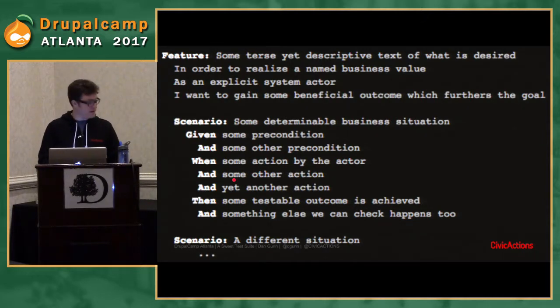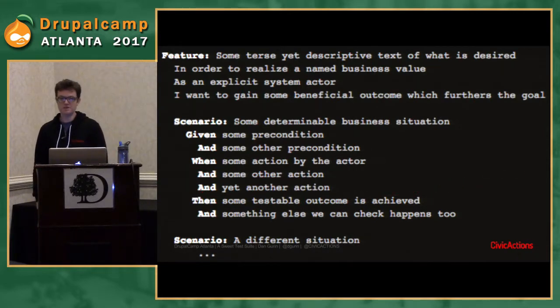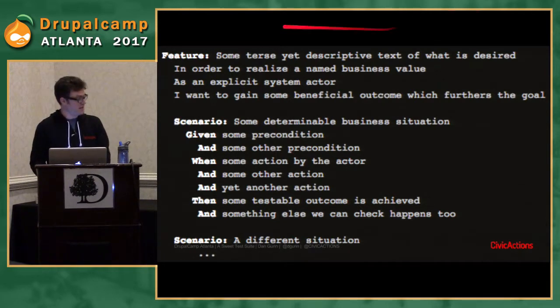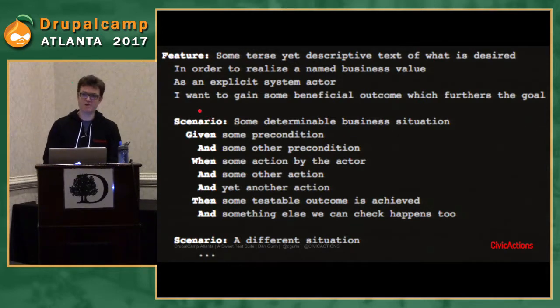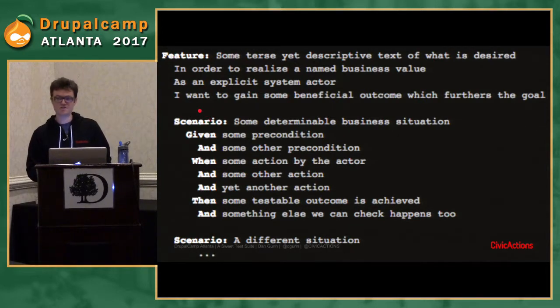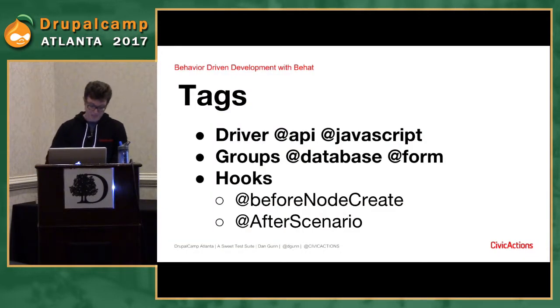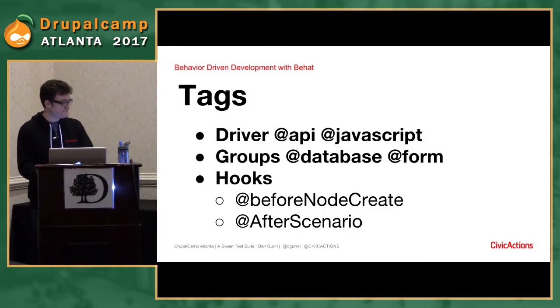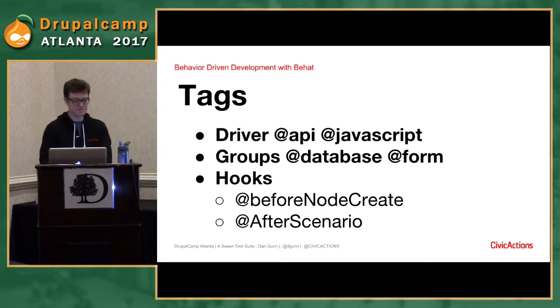And if you're like me, you might go to write your first test and it won't work. So you can put @api at the top here and that'll probably make it work to use the Drupal or the Drush driver, depending on how you have your configuration set up. That's just one of the tags that you can use. You can put tags at the top of scenarios and the line above.